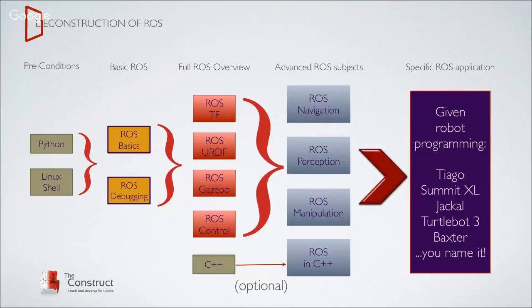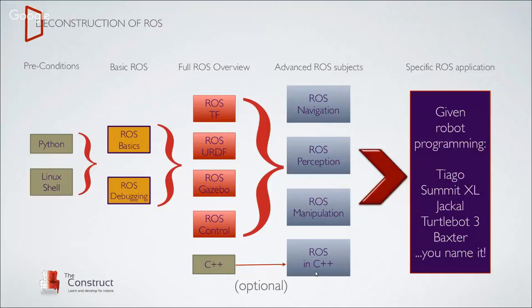And now you can attack real subjects of robotics, like navigation, perception, or manipulation. At that point you can use ROS for making the robots perform those tasks. So you have to learn how to do it, of course, with ROS. Those are the advanced ROS subjects.